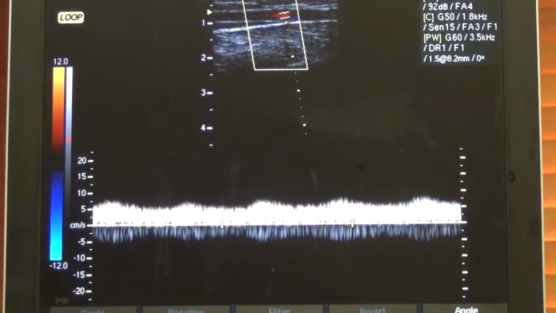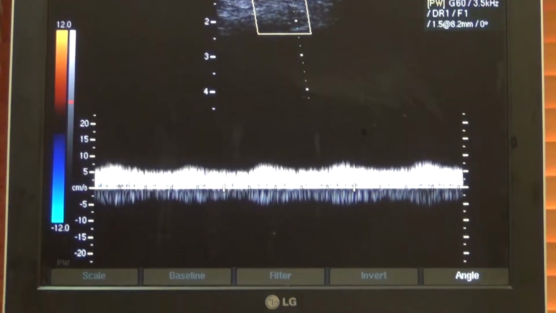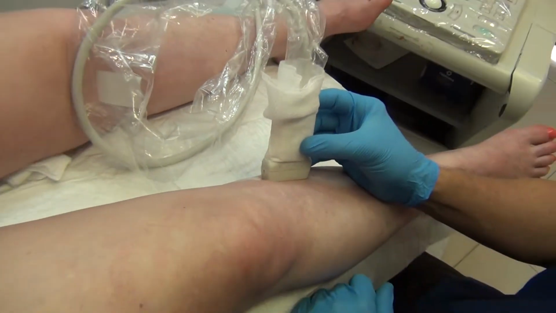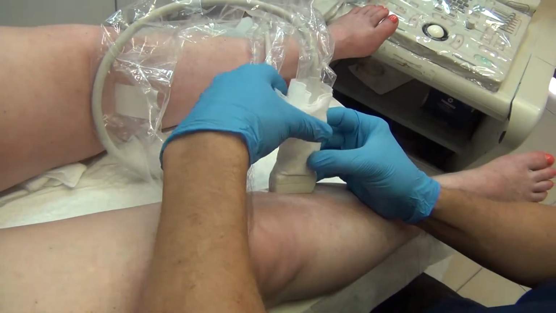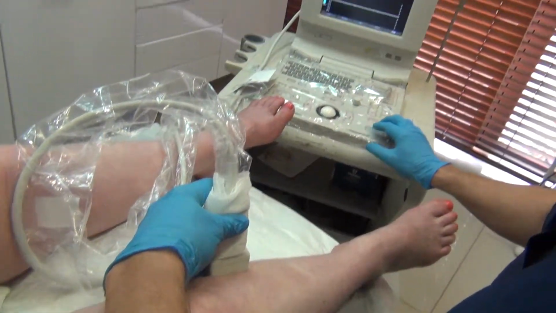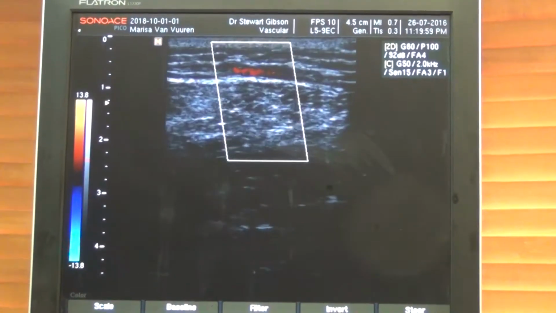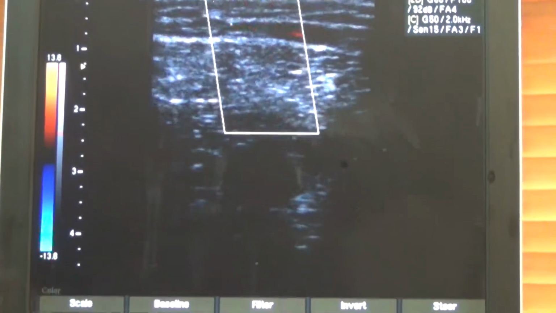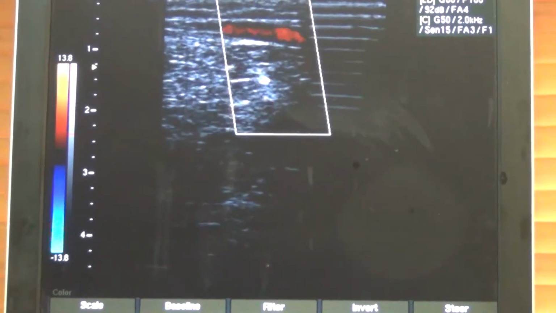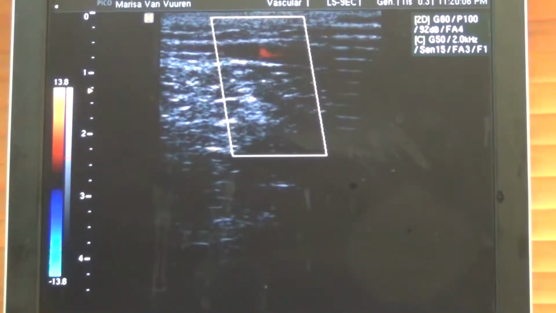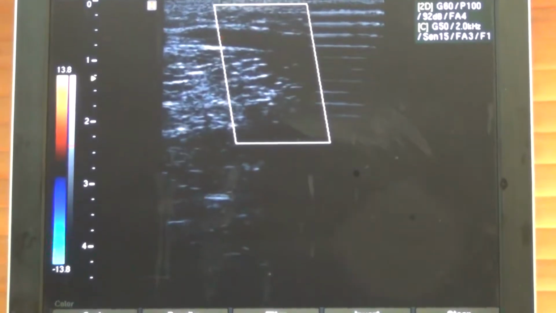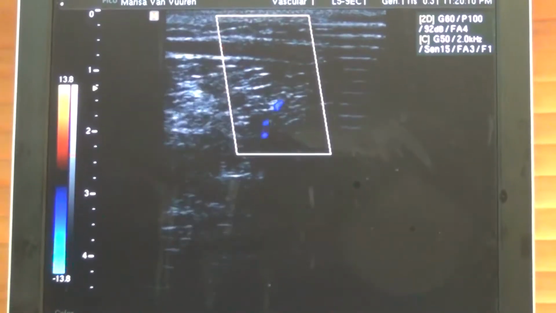You look at the probe, you'll notice the probe is lying directly over the great saphenous vein on the right anteromedial aspect. Important to emphasize that there's been no previous endovascular treatment on this vein, and if you follow the vein further down distally, you'll notice the pulsatile nature.